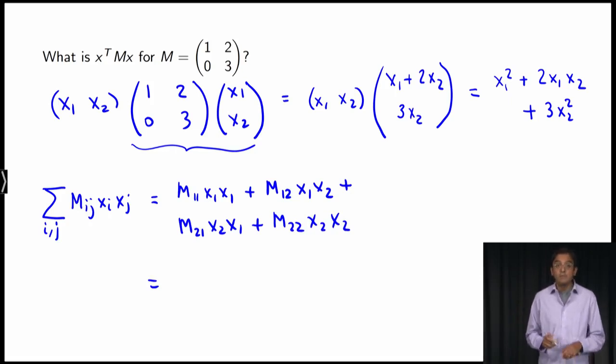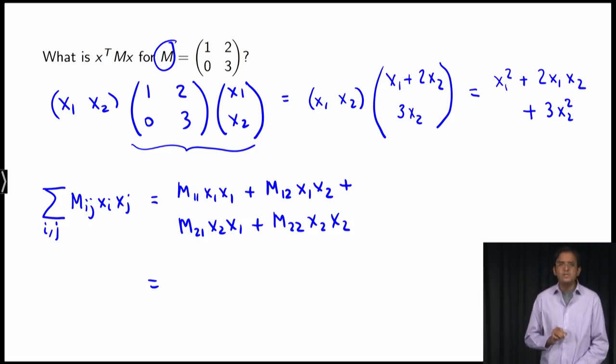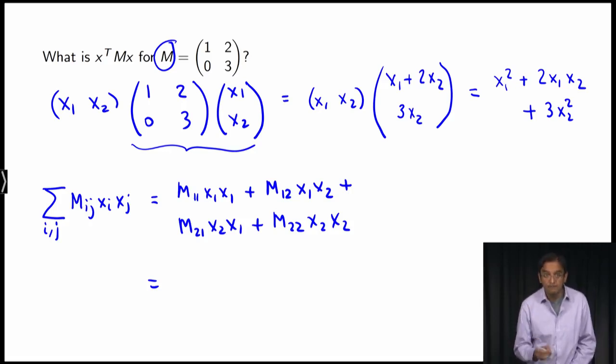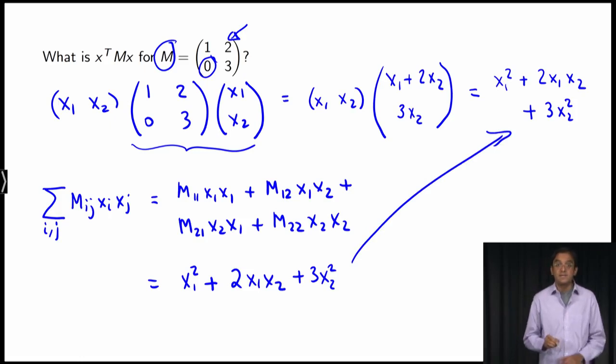Now we can plug in the entries from the matrix M. What's m11? That's 1, so it's x1 squared. What's m12? That's this entry over here, it's a 2, plus 2 x1 x2. What is m21? That's a 0. And m22 is a 3. And so you can see that it's exactly the formula we got simply by expanding out.